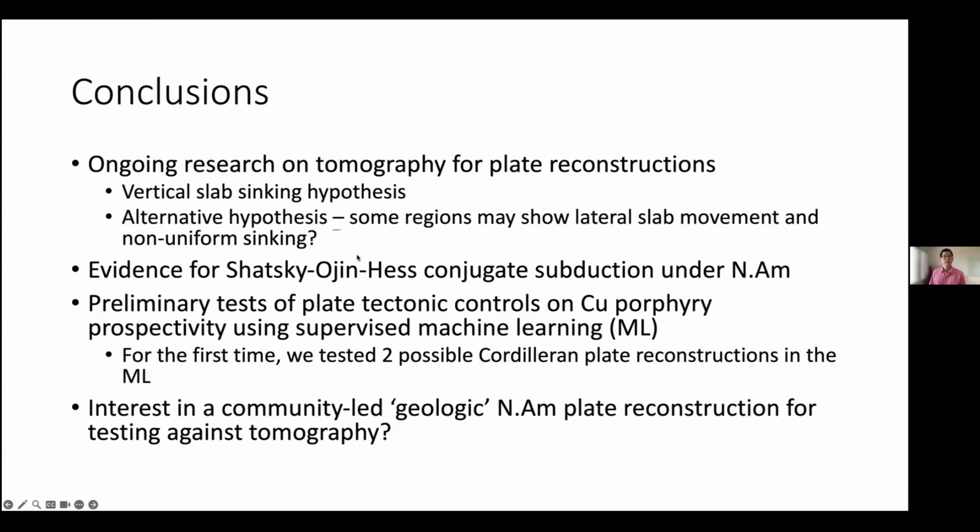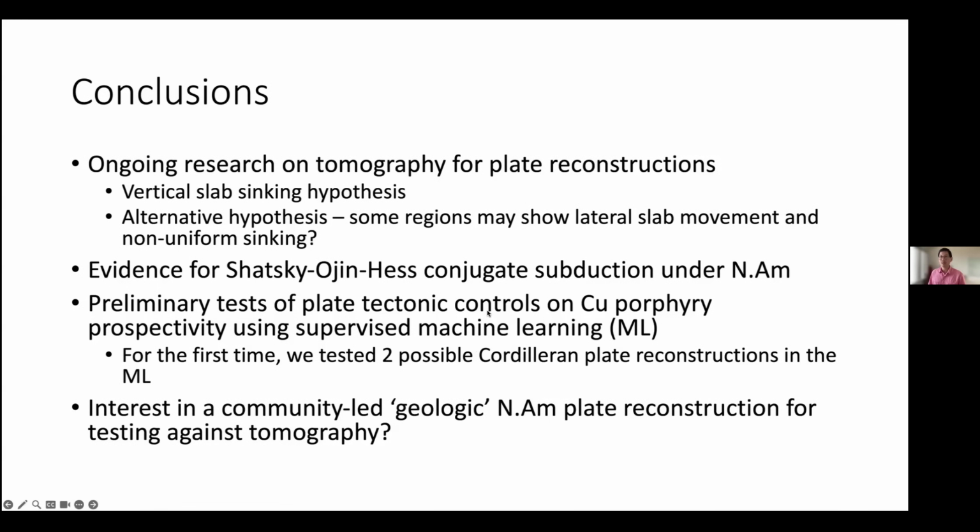Today, you've seen two different hypotheses and two different outcomes for what we think about North American plate reconstructions back in time. If we look at the late Cretaceous to present day history, there's evidence that there would have been a Shatsky-Ogden-Hess conjugate subducted under California and northern Mexico, with implications for Arizona and New Mexico.